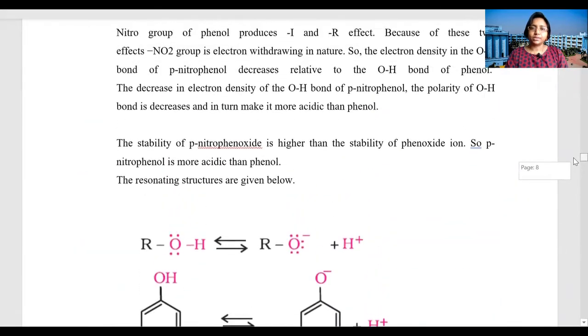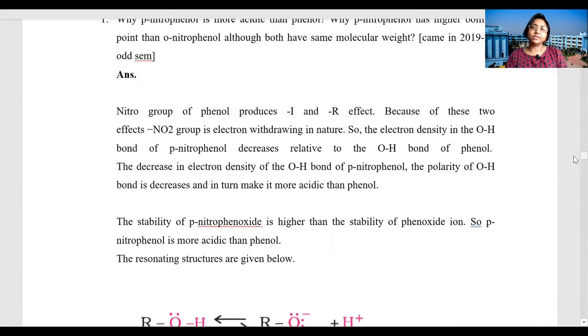Now, how can we understand this? You know that NO2 is an electron withdrawing group. The nitro group has a minus I and a minus R effect, and because of these two effects, the NO2 group is electron withdrawing in nature. So the electron density in the OH bond of para-nitrophenol decreases relative to the OH bond in phenol.